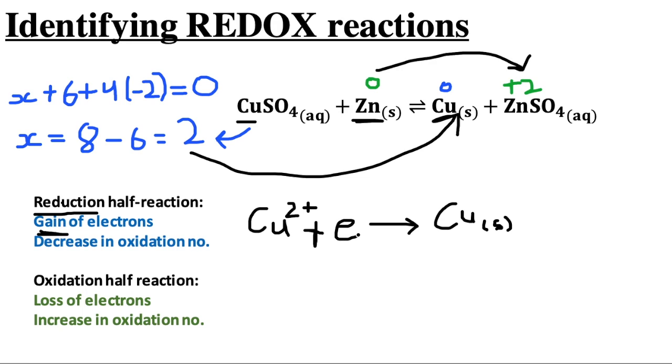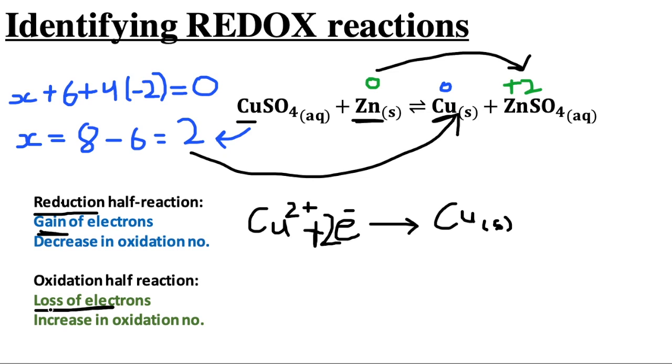Now we need to balance the charge on the left hand side of the equation. If the total positive charge is 2, then the total negative charge also has to be 2. So we need to have 2 electrons on this side of the equation. Now moving on to oxidation. Oxidation is the loss of electrons.